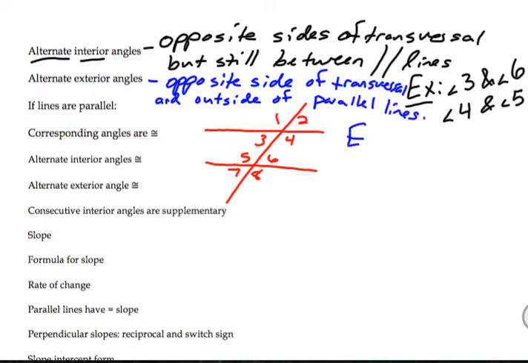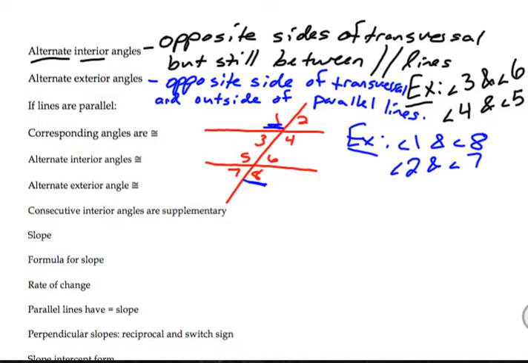So your examples of that would be, 1 and 2 would make a linear pair because they're a pair of angles that make a straight line. Opposite it, though, angle 1 and angle 8 would be alternate exterior. And angle 2 matched up with angle 7 would be alternate exterior.